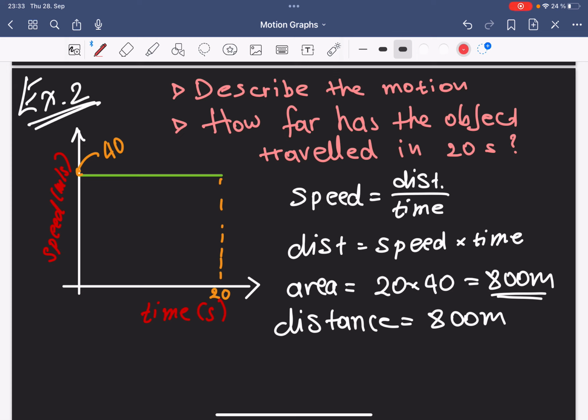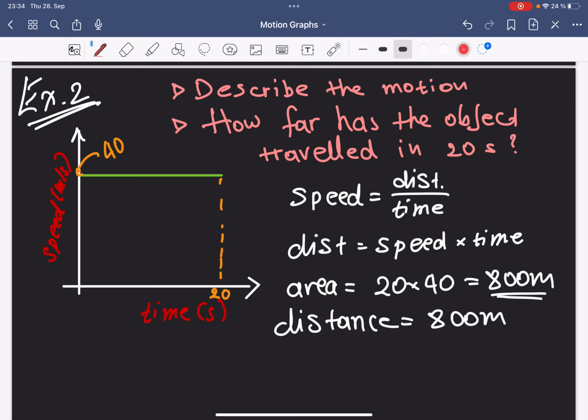We have defined speed as distance over time, and if we want to find the distance from this one, if we solve this equation for distance, it's going to be speed times time. Now, we happen to notice that the area on a speed time graph, which is going to be the area of this rectangular shape, is going to be, again, speed times time.